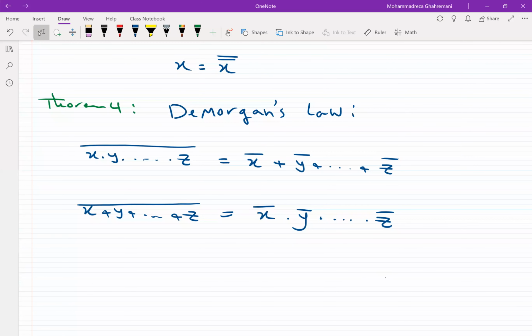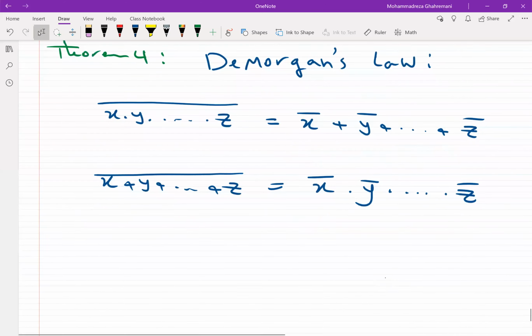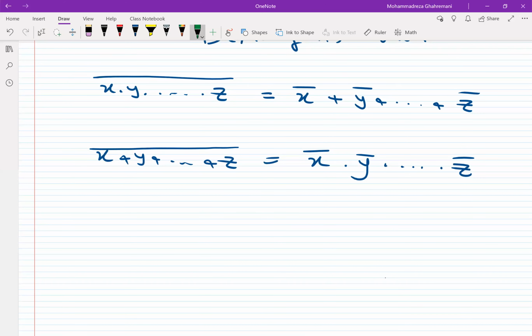The next theorem, which is the last theorem, is called Law of Elimination. Theorem number 5, which is the law of elimination.